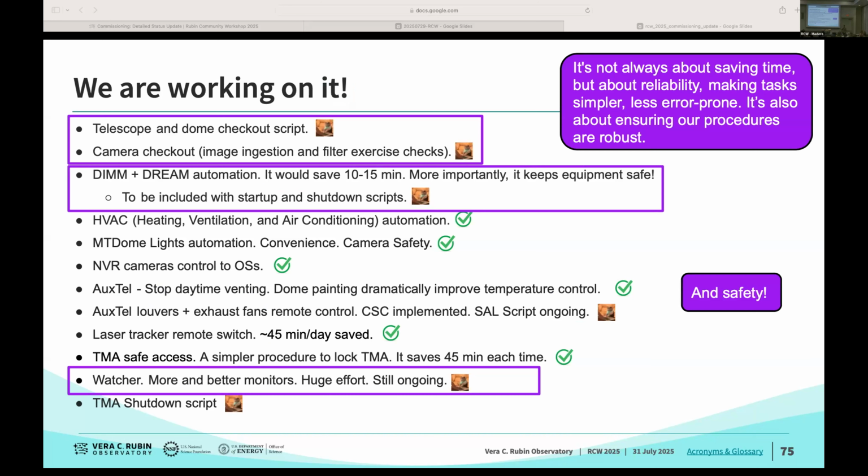We'll check that the images are correctly ingested. We'll check that the pipelines are running. We can optionally exercise the filters of the camera. So it's not always about saving time. It's also about reliability, making tasks simpler, less error prone, and also making the procedures more robust.